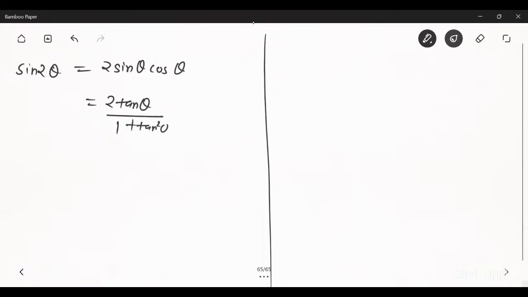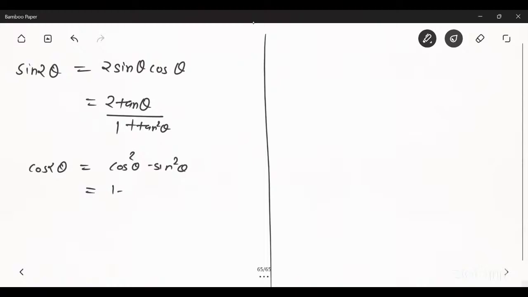Now the formula of sine 2 theta, which we have discussed in trigonometry, is 2 sine theta cos theta, or 2 tan theta upon 1 plus tan square theta. And the formula of cos 2 theta is cos square theta minus sin square theta.